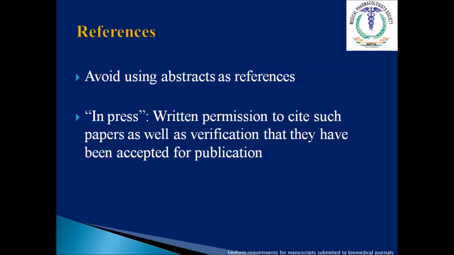Suppose I am the author and I know that Dr. Shivamurthy has a paper which has been accepted. I might cite that paper and ask Dr. Shivamurthy to send me the acknowledgement, in case my reviewer asks me to show that this paper has been accepted for publication. So I should have the verification with me so that in case the journal or the reviewer asks for it, we can provide it.